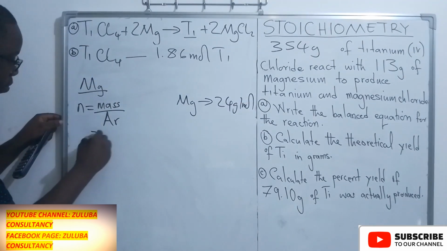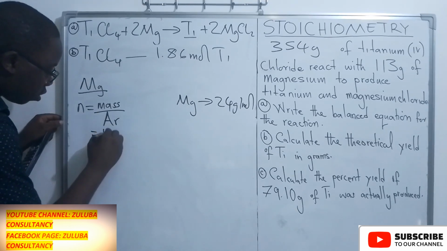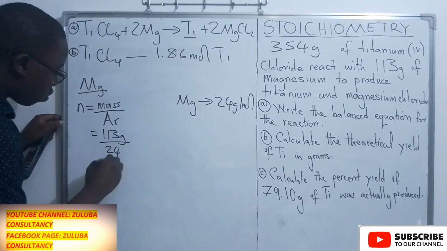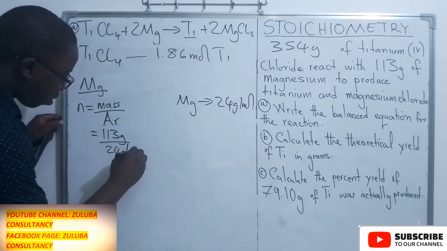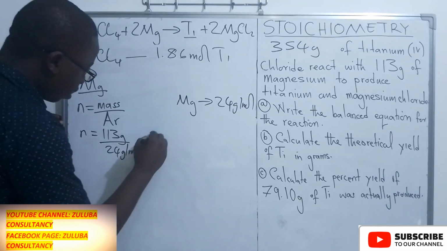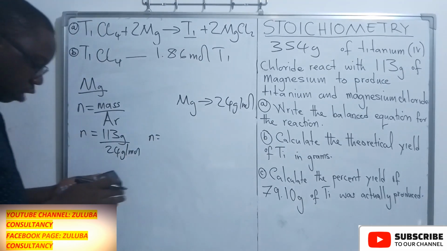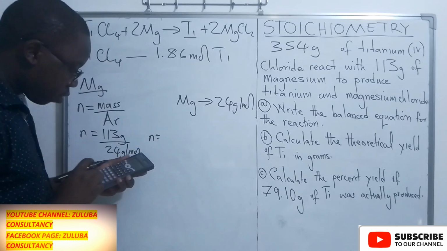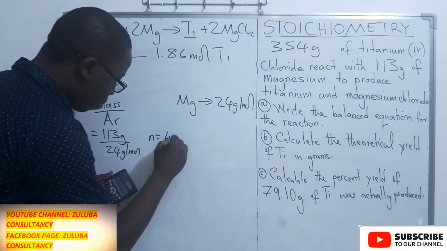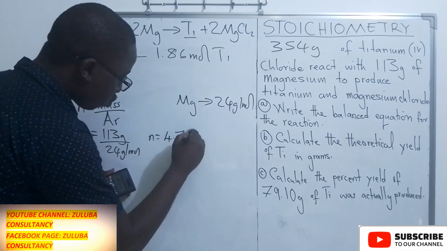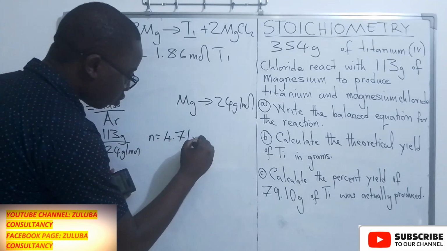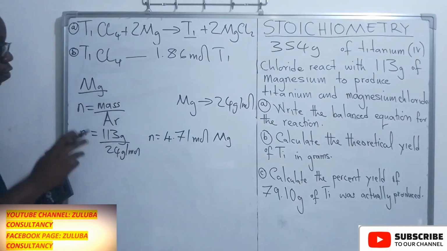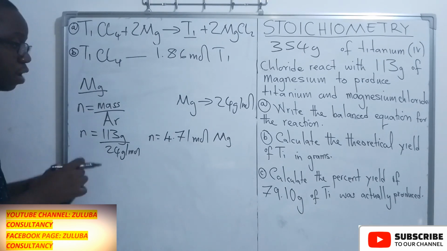The mass we have been given is 113 grams. So n is equal to 113 divided by 24, which gives us 4.71 moles of magnesium.